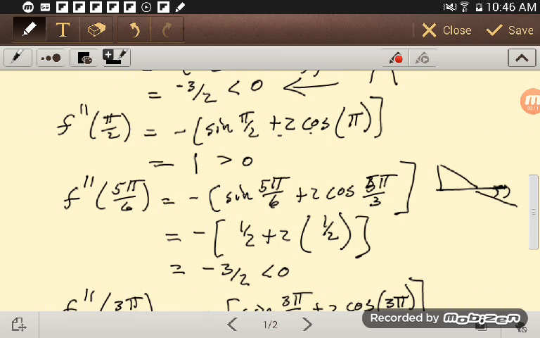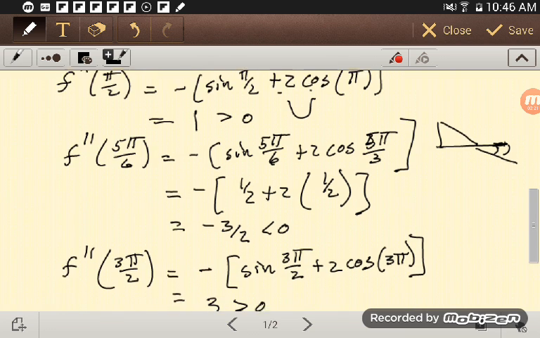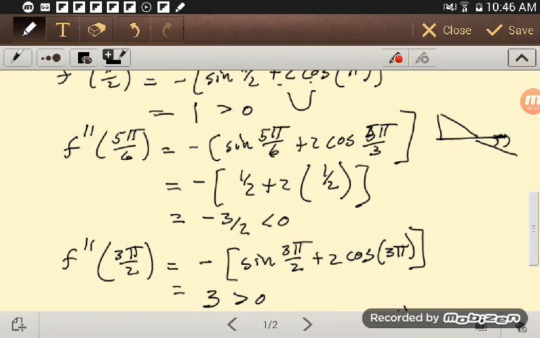Then I checked the next one, pi over 2, got 1, so that is concave up, so that's a minimum there. Here f double prime, that one was a little tougher. I had to think about reference angles and so forth, but here was the 5 pi over 6, so sine was positive for that one, so I got a positive 1/2.